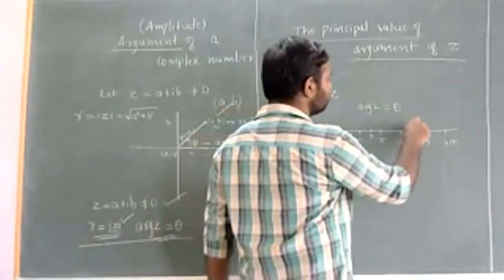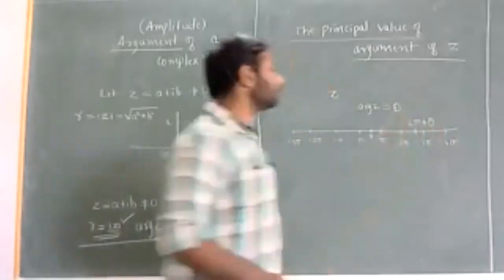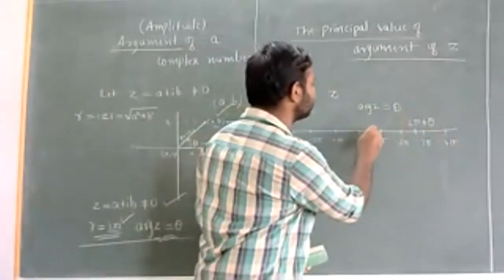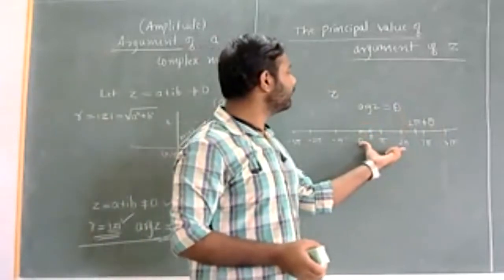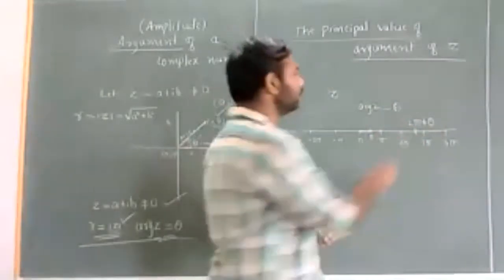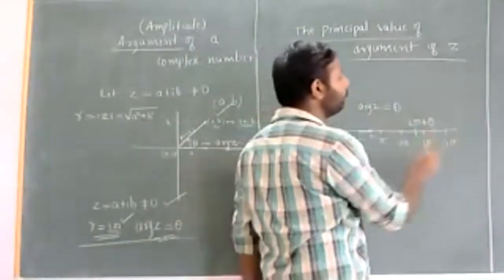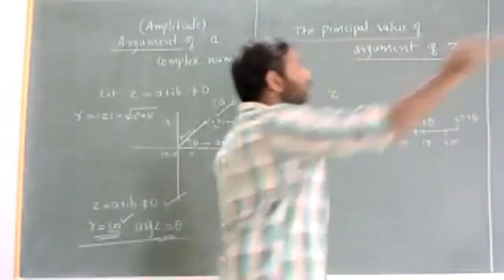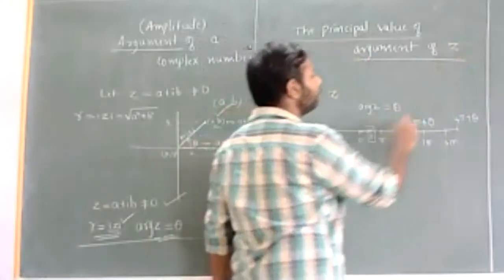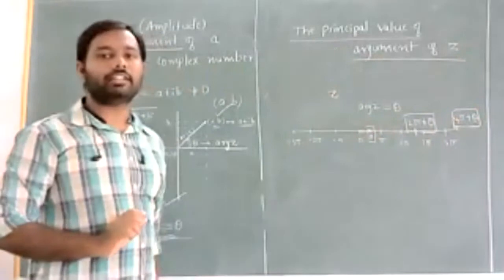It will be here. So this is the theta rotation, and 2 pi plus theta will be the next argument value. Next, if I add 2 pi, here it will be 4 pi plus theta. So these will be the argument values.